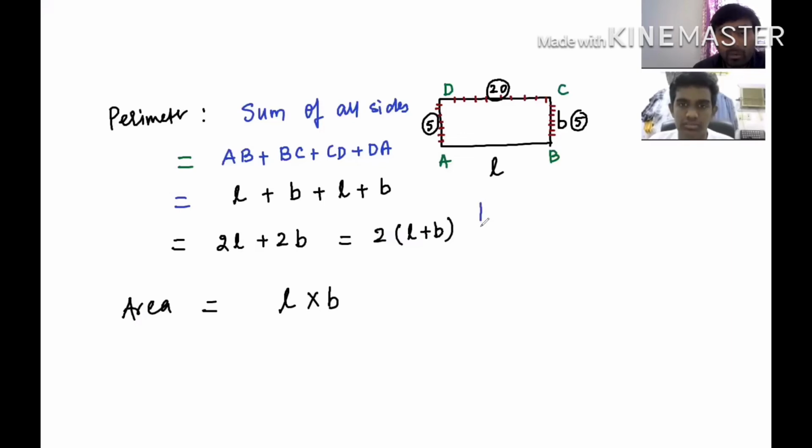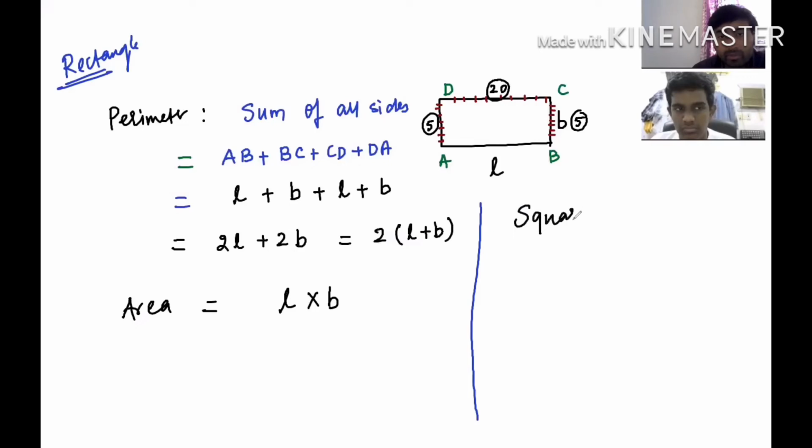Now, this is what we read about the rectangle. Let us now do the square. A square is a 2D figure.